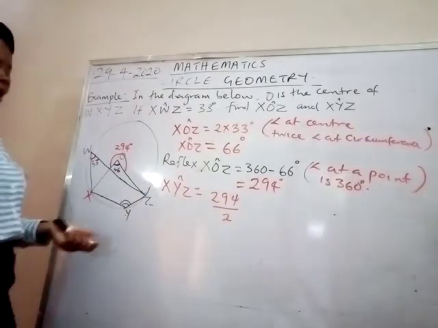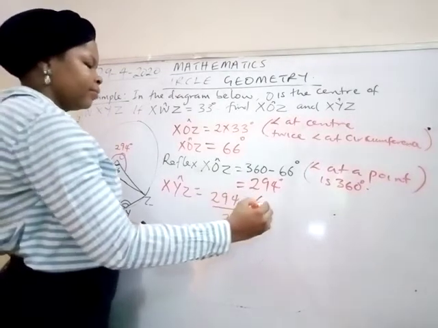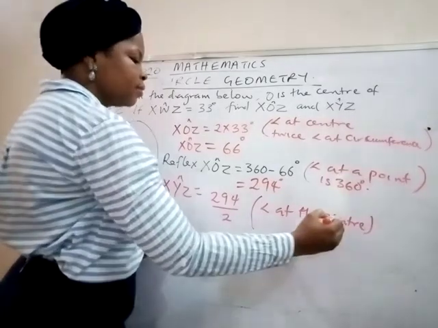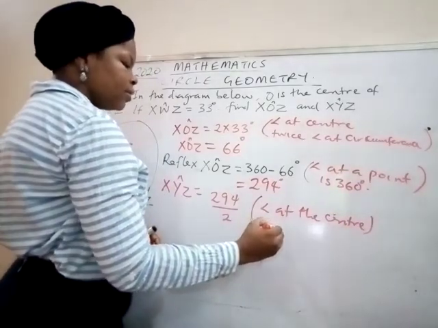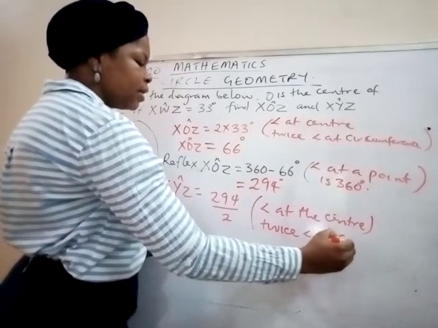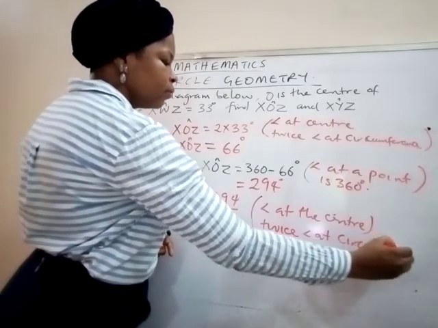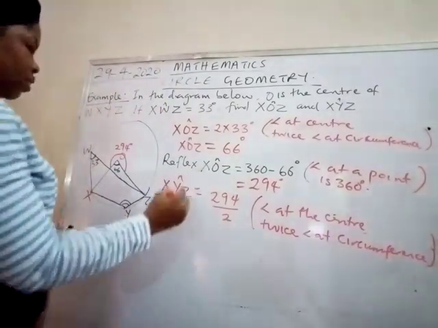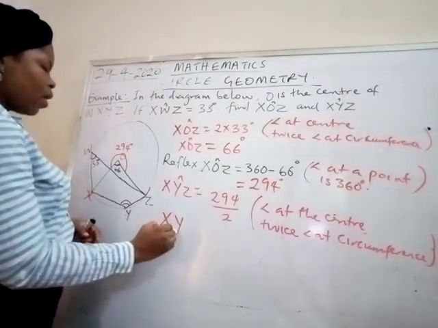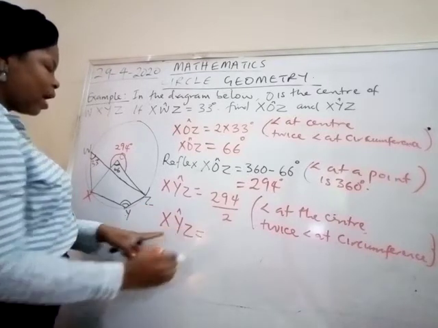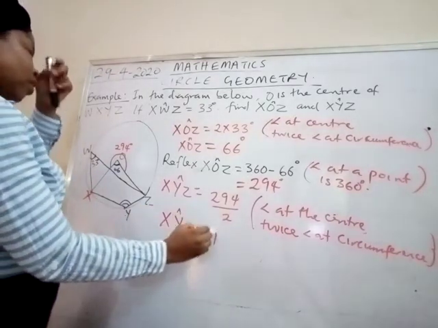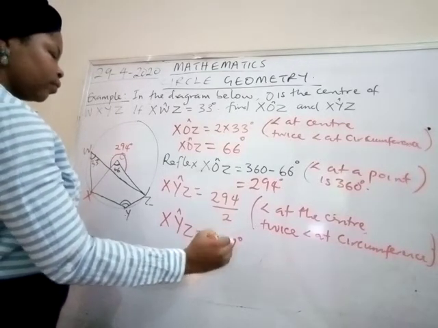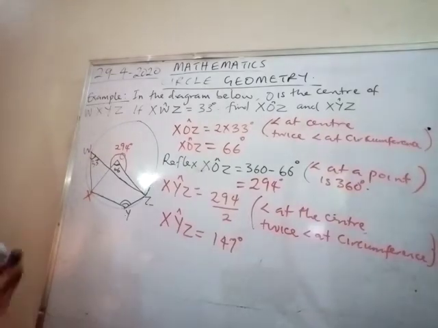Reason, because angle at the center is twice angle at the circumference. So my XYZ, that is the angle at Y, will now be 147 degrees. So that's 147 degrees. Do you get that now?